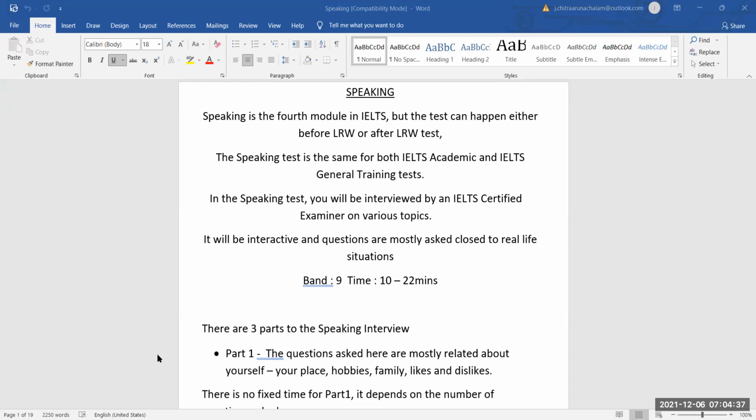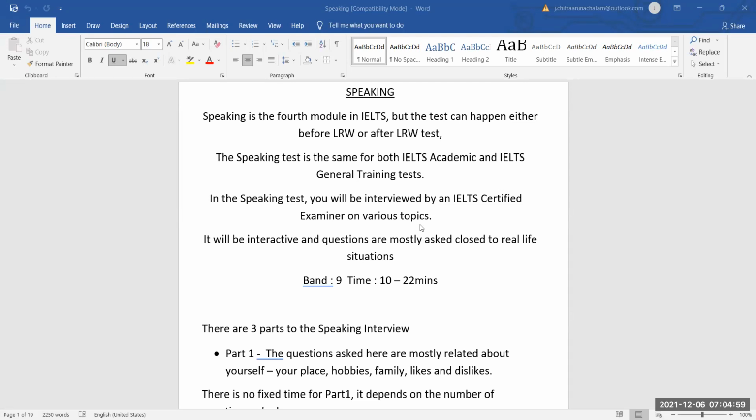In this, we have two types of exams. One is academic and the other one is general. If you want to pursue higher studies, then we go with academic. And for work and PR purpose, we go with general. On the whole, we have 4 modules: listening, reading, writing, and speaking.